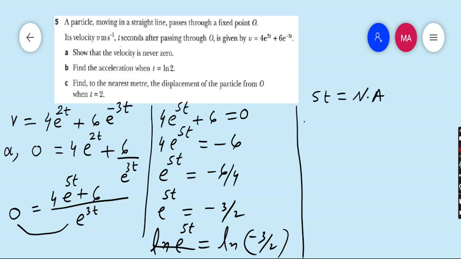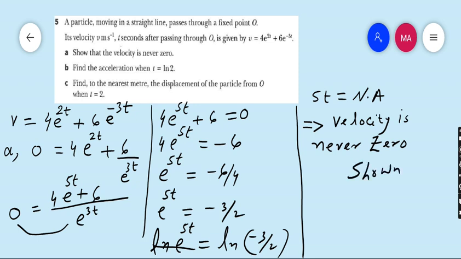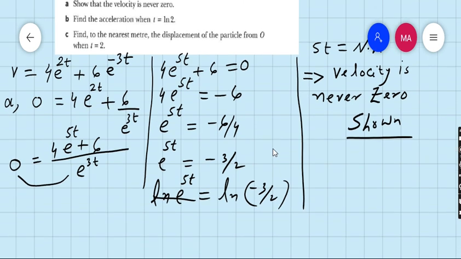This implies that velocity is never 0, shown. The requirement has been fulfilled. Show that the velocity is never zero. Okay students, so very easy but very important part from the examination point of view.